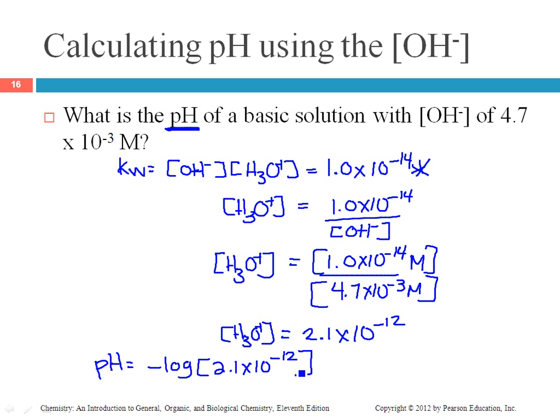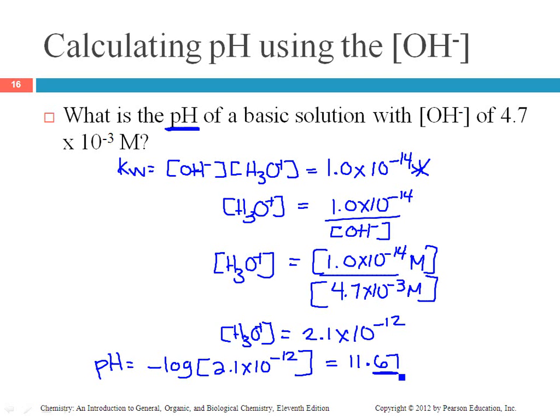So if we take the negative log of our answer here, we get 11.67. We have 2 significant digits, so we need 2 decimal places. So we round to 11.67.